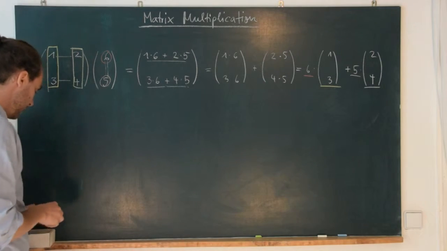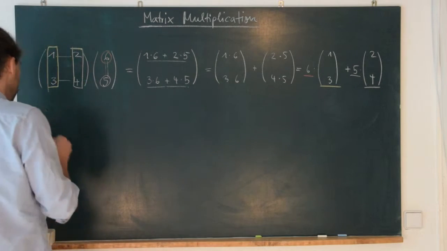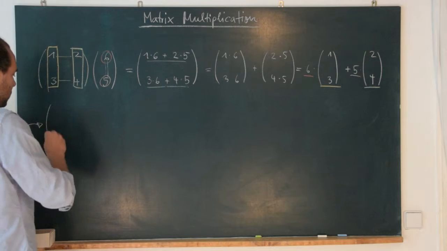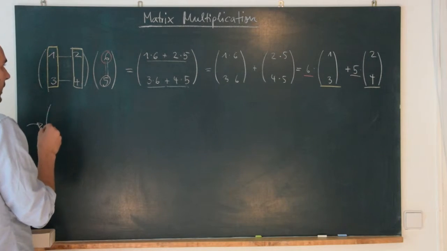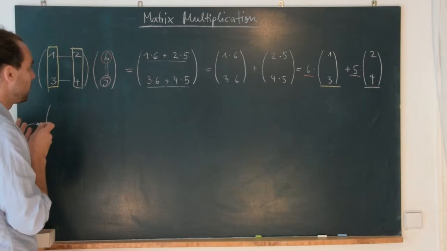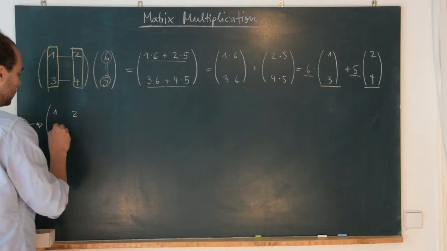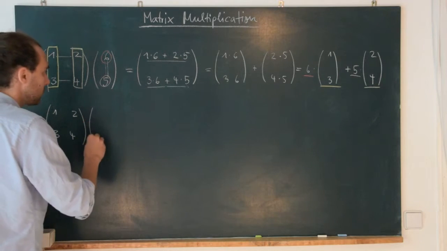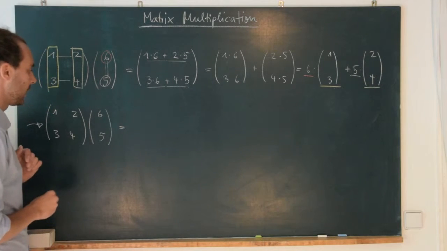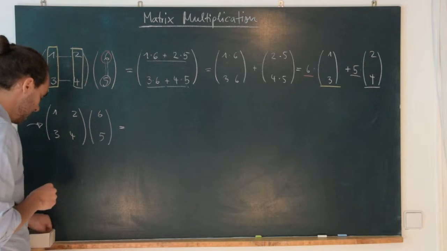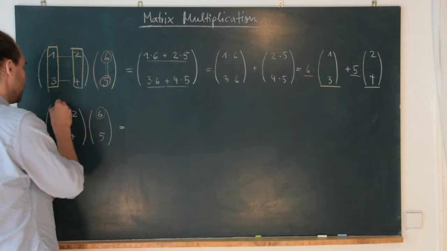So actually we can multiply this in a different way, and this is the way I prefer, because in my opinion it's a little bit faster. You don't have to look too much. I will write down the matrix multiplication again. What we do now is we take the first entry of this vector and write it here.